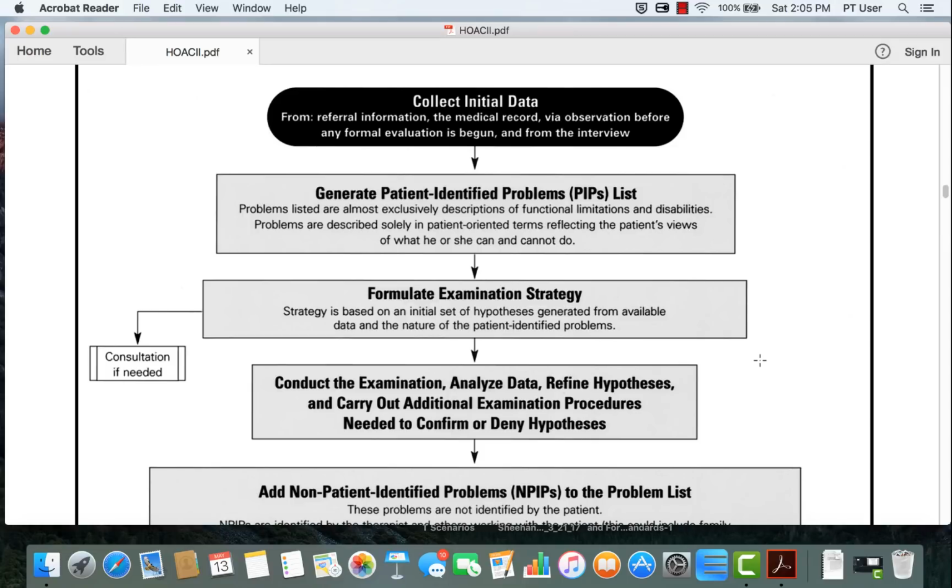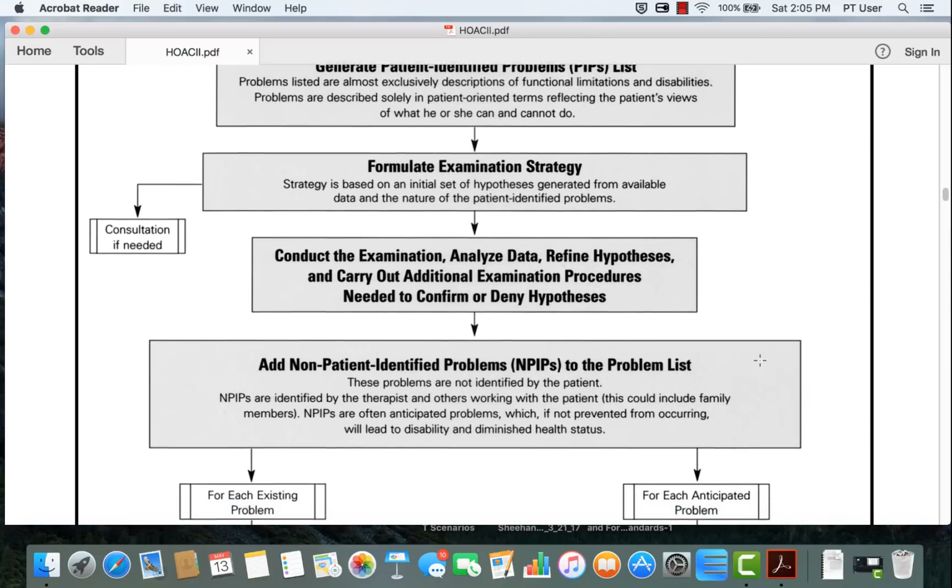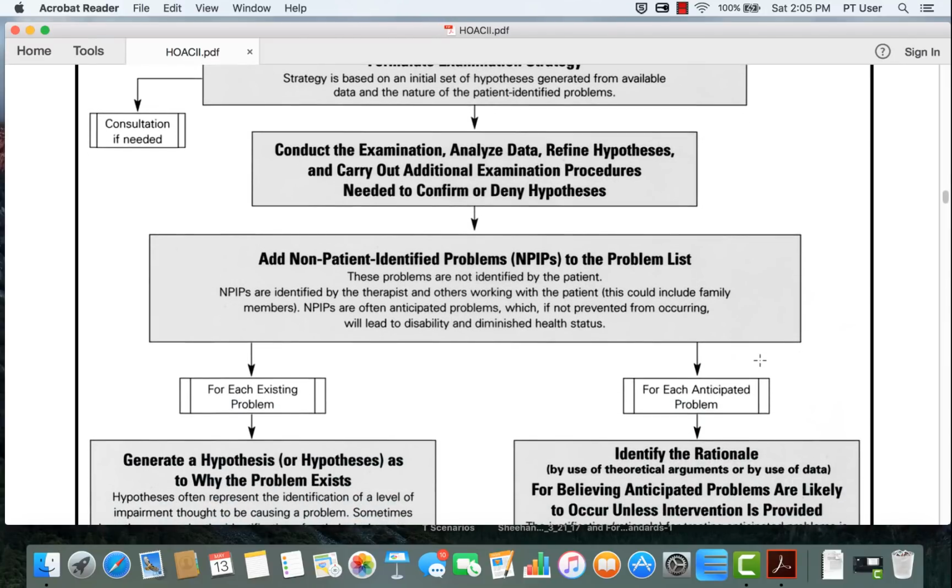So the patient says that my main problem is I can't walk. You shouldn't be going through aspects of an exam or formulating an exam strategy that are not related to problems in walking. That's not a patient-centered approach. Okay? So you formulate a strategy, it comes from the patient-identified problems, and you begin your physical exam.